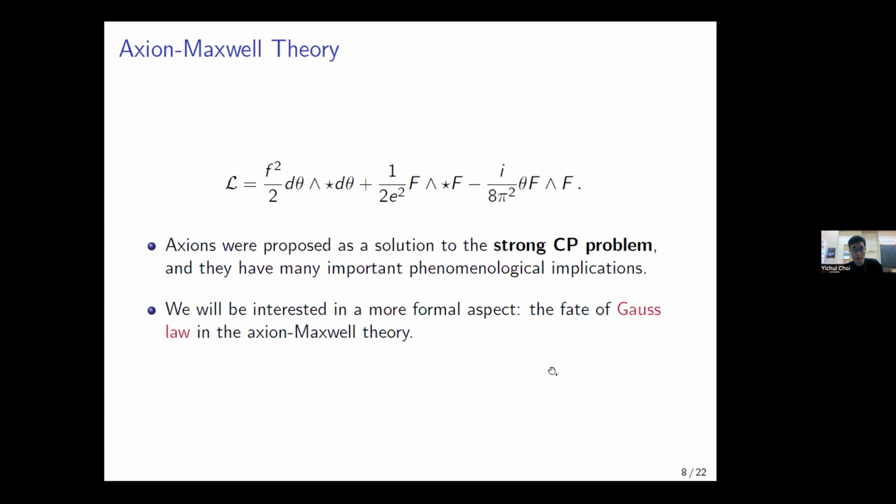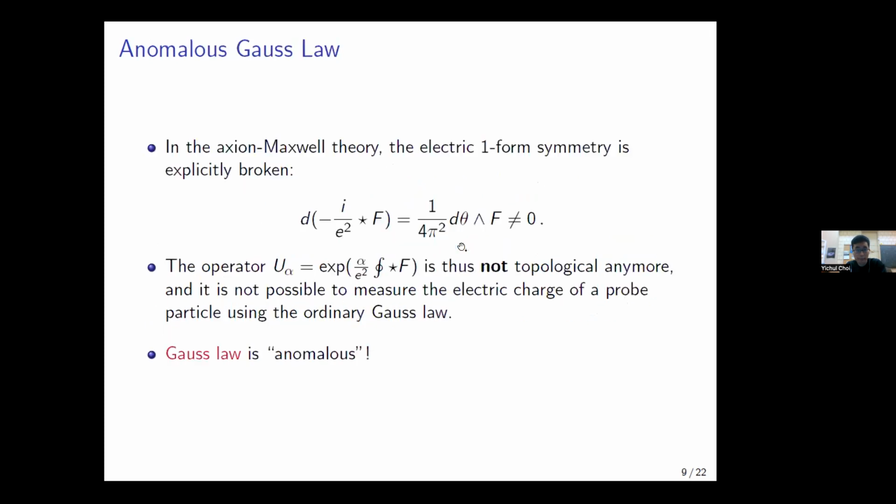Axions were originally proposed as a solution to the strong CP problem, and they have many phenomenological implications. However, in this talk, I'll be interested in the more formal aspect of the theory. I want to ask what happens to the Gauss law in this theory. This is indeed an interesting question because the ordinary Gauss law does not work in the presence of the axion.